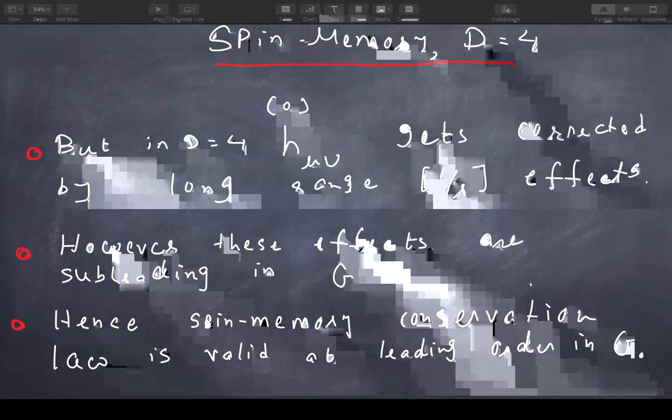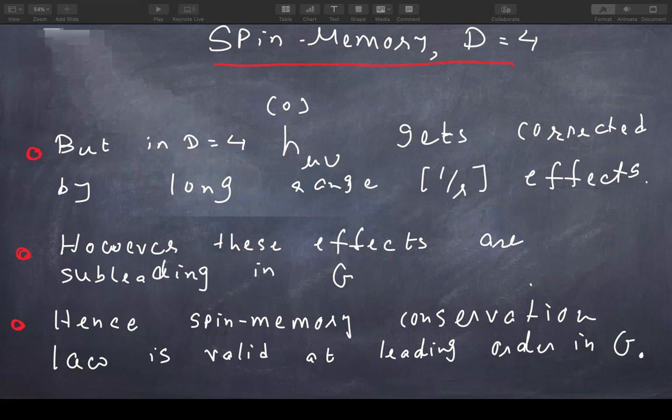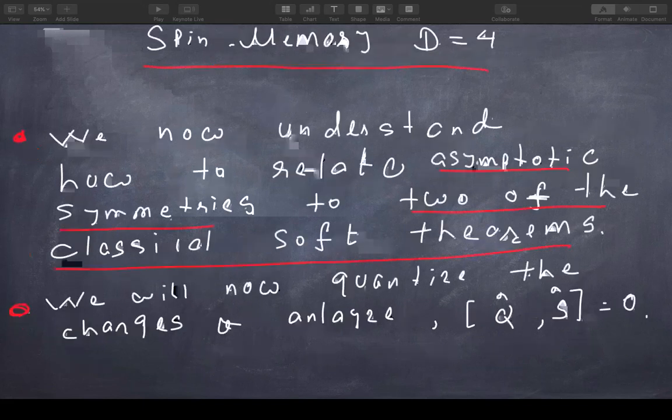So if you wanted to compute terms which are 1PM, 1 post-Minkowski, or linear order in G, then the spin memory is a good classical observable at the leading order in Newton's constant. And so these results perturbatively remain valid in Newton's coupling, I mean, at leading order in the capital G expansion.